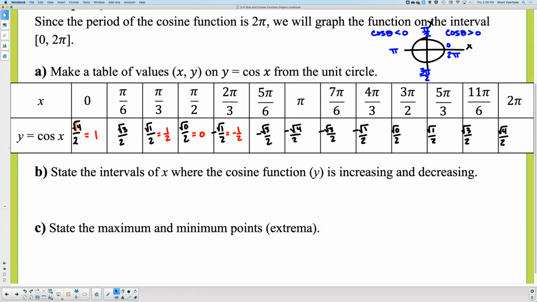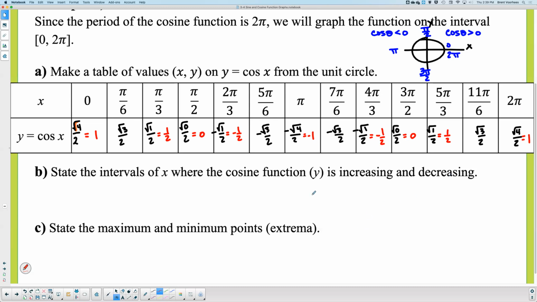Okay. This one simplifies to become negative 1/2. This stays. This one does not stay. What does that become? 1.